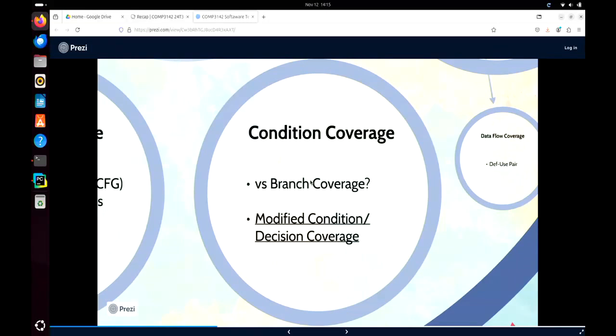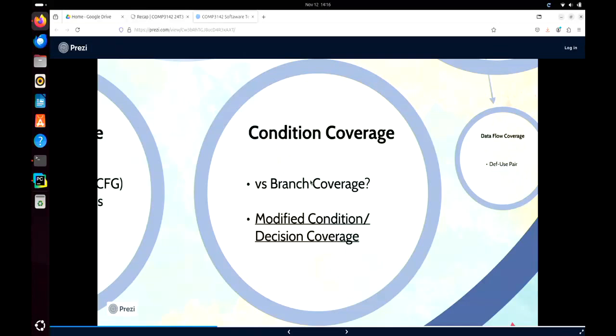So what's the difference between condition coverage and branch coverage? Do you still remember that? It's not in assignment 1, so you may not have a very deep impression.